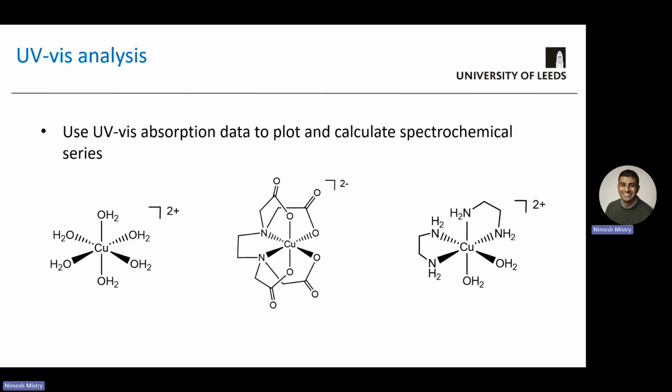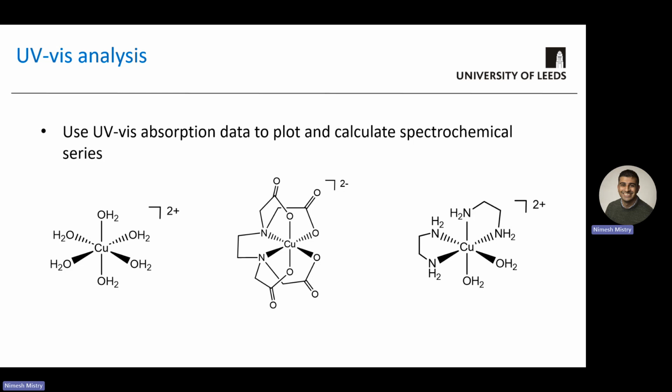You'll be able to plot the spectrochemical series to show how the ligands change and affect those d to d transitions, and in effect show how strongly the ligands bind to the copper complexes to affect that UV absorption data.